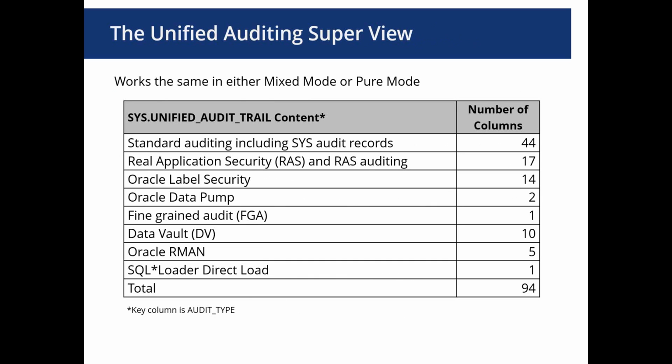So I have my standard auditing, FGA, data vault activity, and so forth here. The key column, if you're looking into that view, is the audit type, and that will allow you to start filtering out specific events. This view works the same whether you're in mixed mode or pure mode.